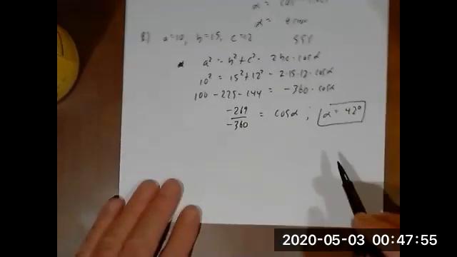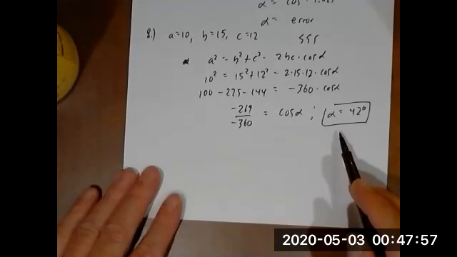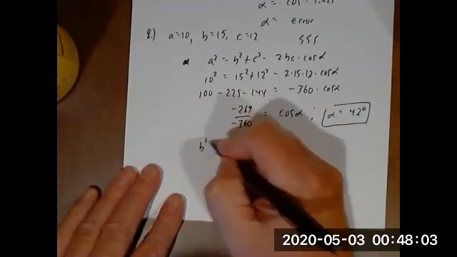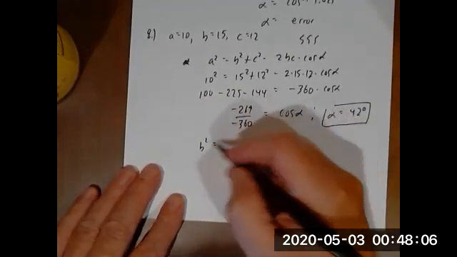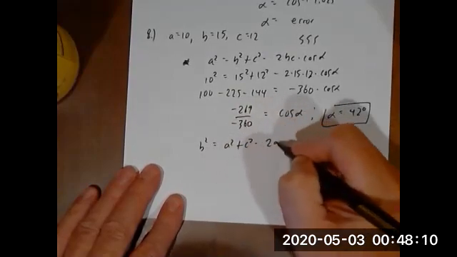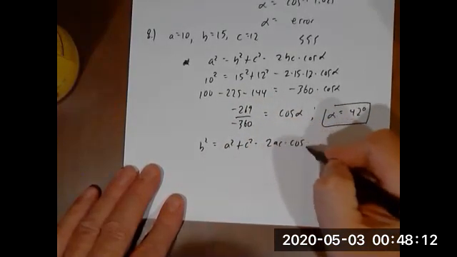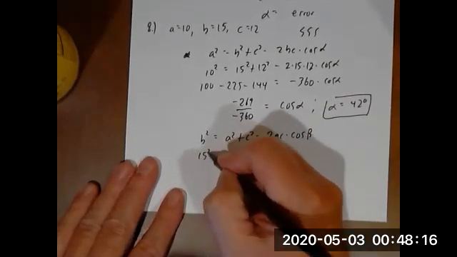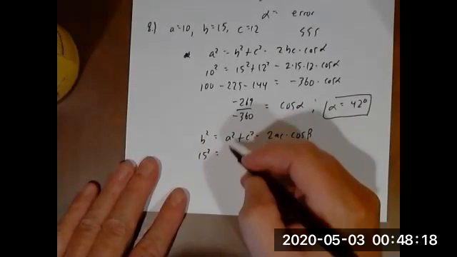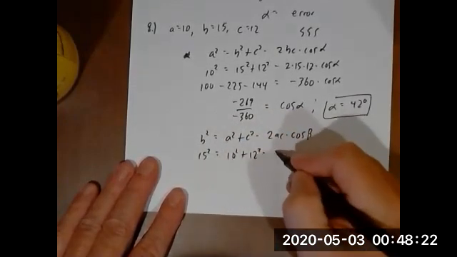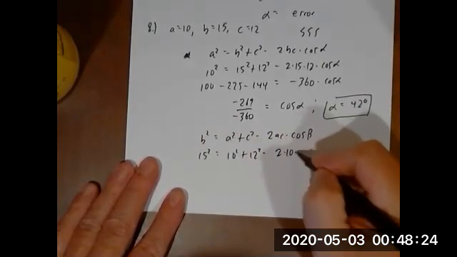Now you need to find angle beta or angle gamma, and you have to use law of cosines. So let's just do beta. The equation with angle beta is b squared equals a squared plus c squared minus 2ac times cosine of beta. So 15 squared equals 10 squared plus 12 squared minus 2 times 10 times 12.